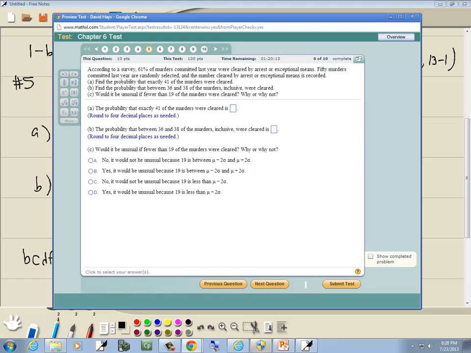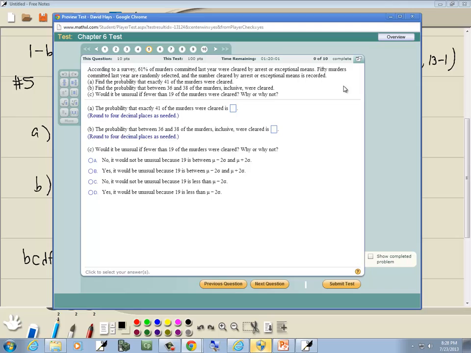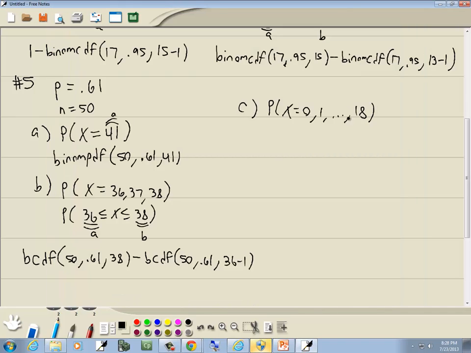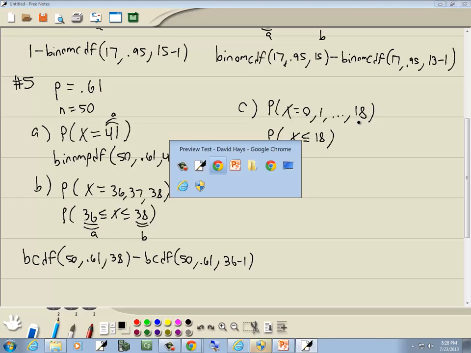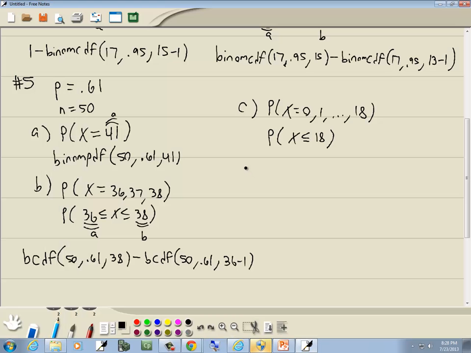Last one. Would it be unusual if fewer than 19 of the murders were cleared? Fewer than 19 is x equals 0, 1, up to... fewer than 19 doesn't include 19, so it goes up through 18. This would be x is less than or equal to 18, which is the second form, binom CDF.